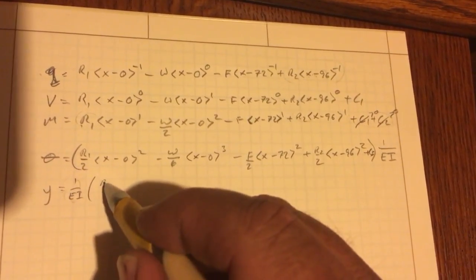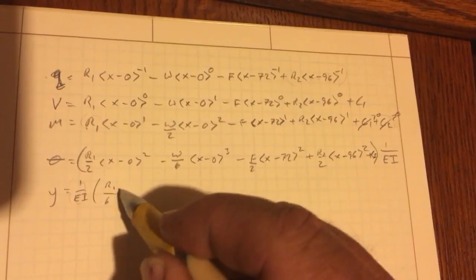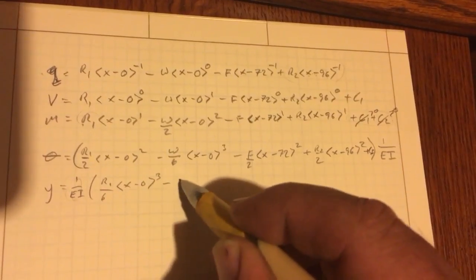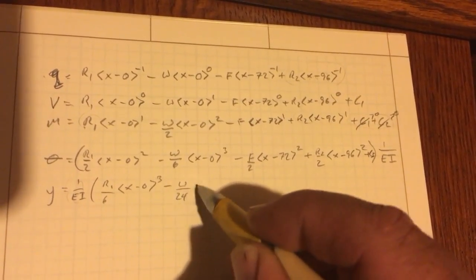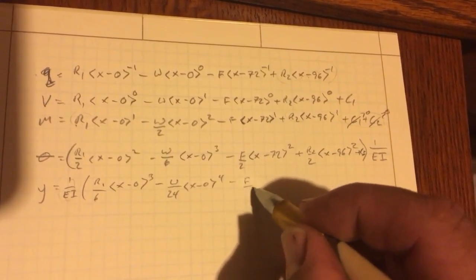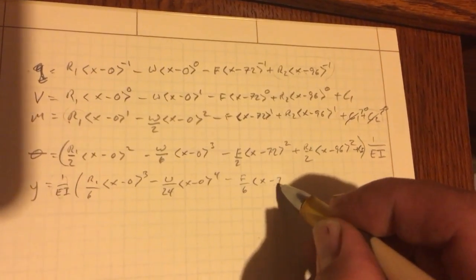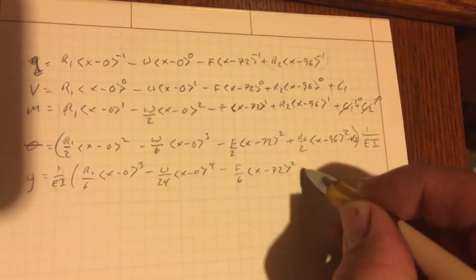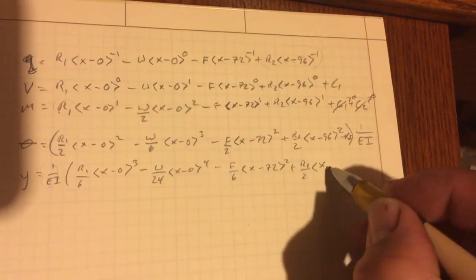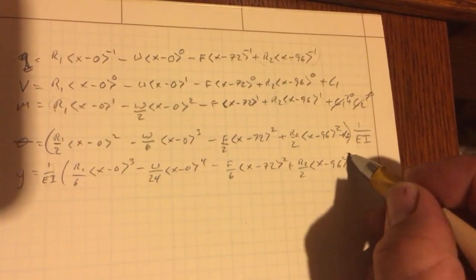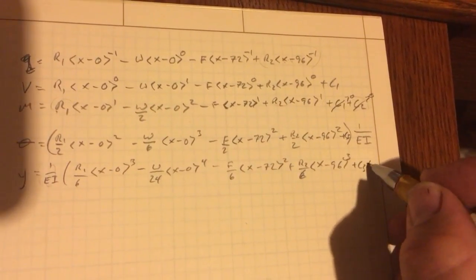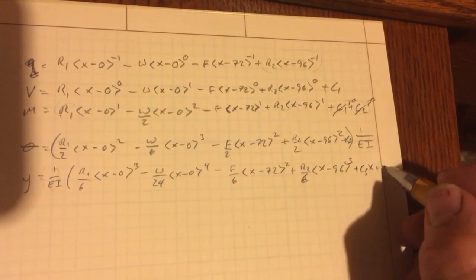And I'll have R1 over 6, x minus 0 to the 3, minus W over 24, x minus 0 to the 4th, minus F over 6, x minus 72 to the 3, plus R2 over 6, x minus 96 to the 3, plus C3x plus C4.